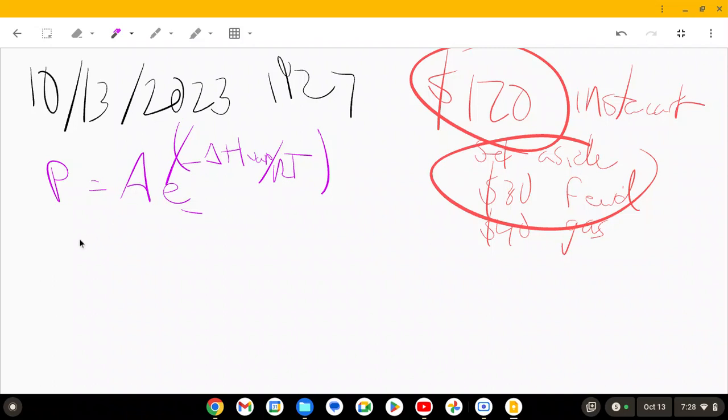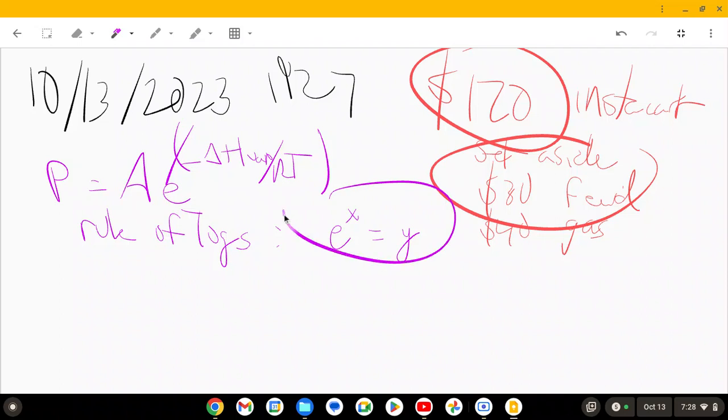So, rule of logarithms. If you have e to the x equals y, so to logarithmize, I'm going to call it that, it's going to be an arrow.